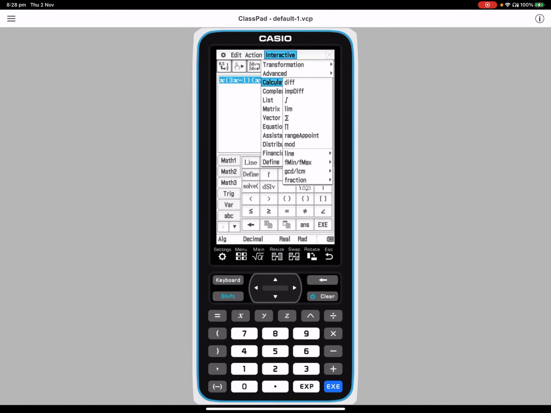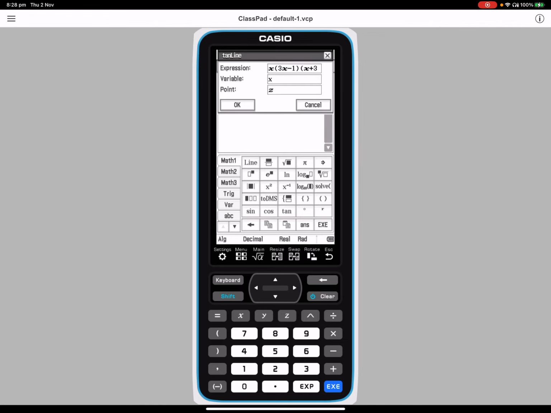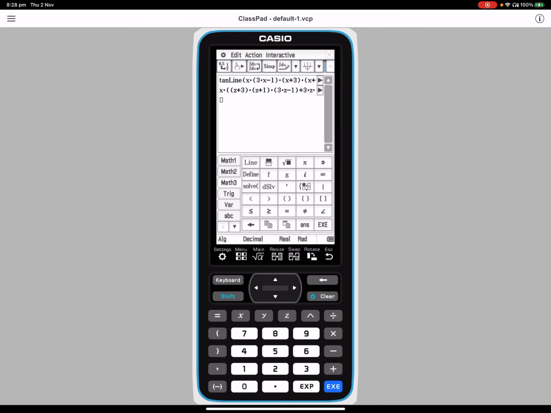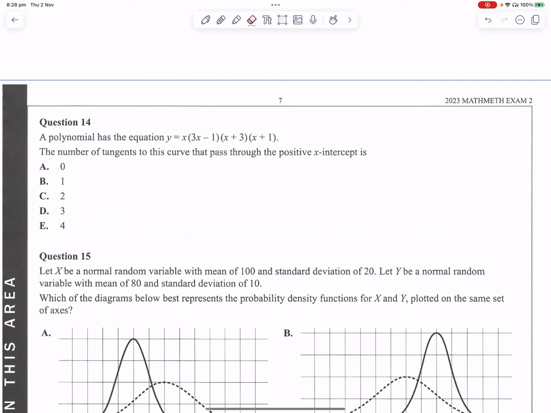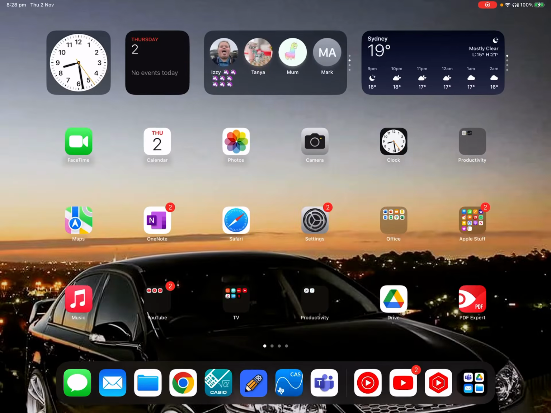Let's find the equation of the tangent at the point z. Now, we know that tangent has to pass through y is 0 when x equals 1/3, because that's going to be the x-intercept of that thing.